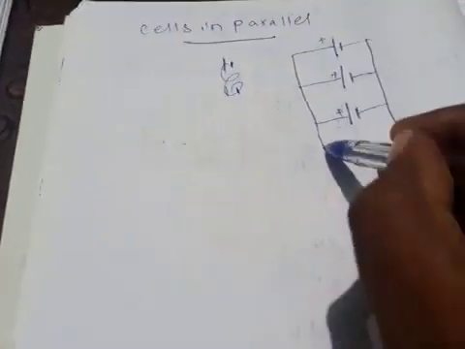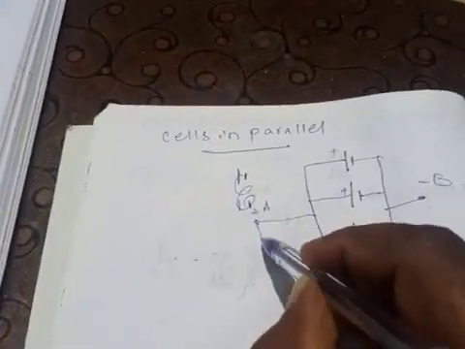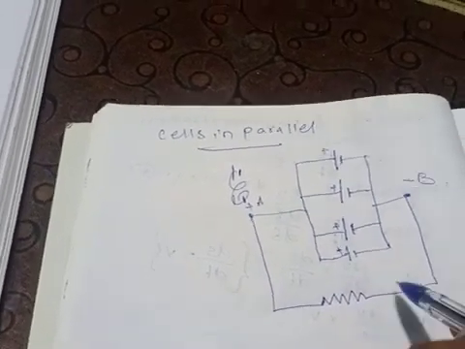Okay. Now you see, one more cell, you can connect one more, it is not a problem. Now all these are connected together at 2 points. Here positive, here negative, you can label them A and B. Now along with this, one external resistor R is connected.